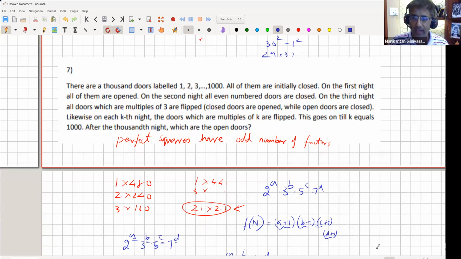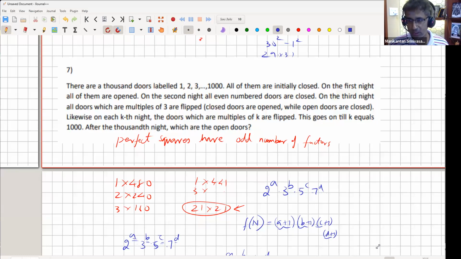On a random night, let's say the 5th night, the doors numbered 5, 10, 15, 20, all the multiples of 5 are flipped. Flipped means their position is changed. If it's closed, it's opened; if it's opened, it's closed. And the question is, at the end of these 1,000 nights, what state will the doors be in?